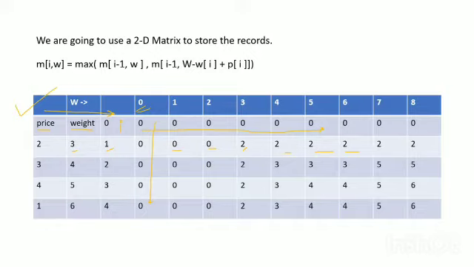Moving on to the second element, when i's index is 2, the weight is 4. So for this, obviously the first part will be 0.